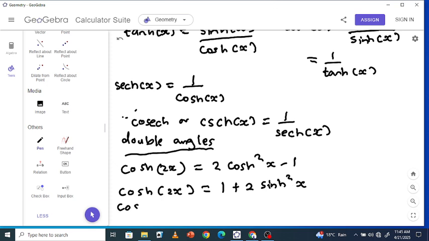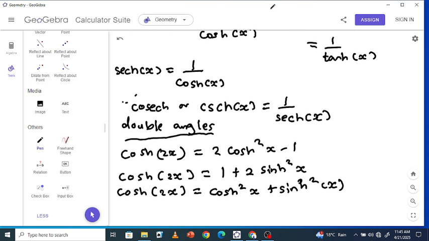We again have cosh 2x is equal to cosh squared x plus sinh squared x.